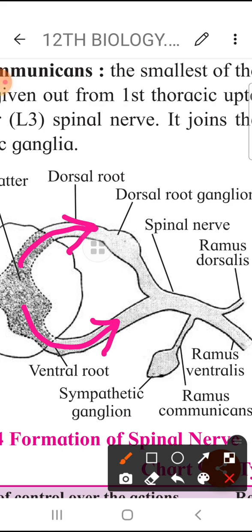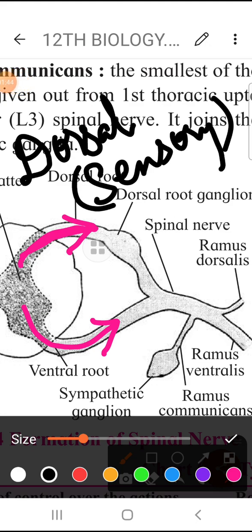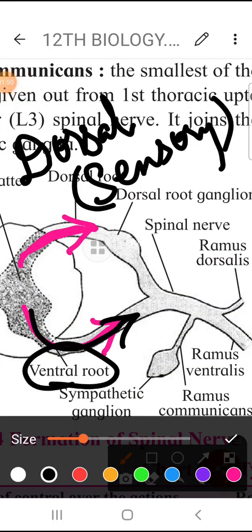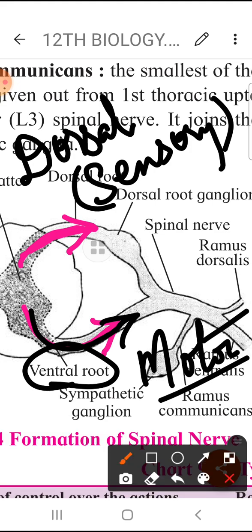That is the dorsal root. Dorsal root is sensory type, so all sensory information is carried, while the ventral root is the motor type. So the quick response towards the muscle, information towards the muscle, is sent by the ventral root.